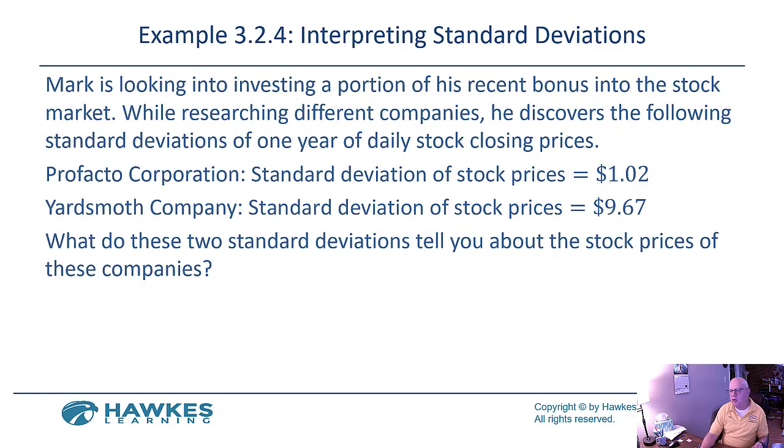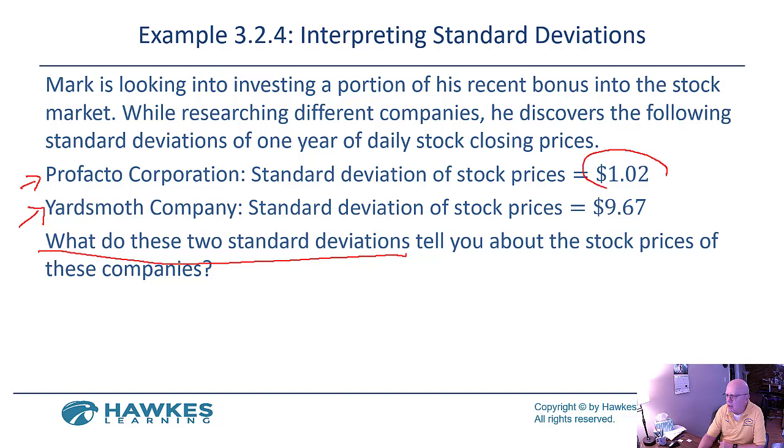Here's a question for you. We've got 2 different companies, and Mark is considering investing in the stock market. He sees the standard deviations for the daily stock closing prices for Profacto and for Yardsmith. So, what do these standard deviations tell you?